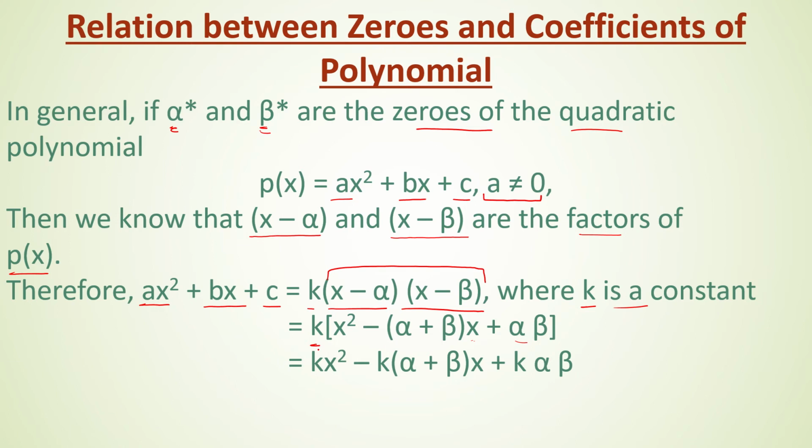Now, after multiplying k with each term, we get kx square minus k into (alpha plus beta)x plus k into alpha beta.